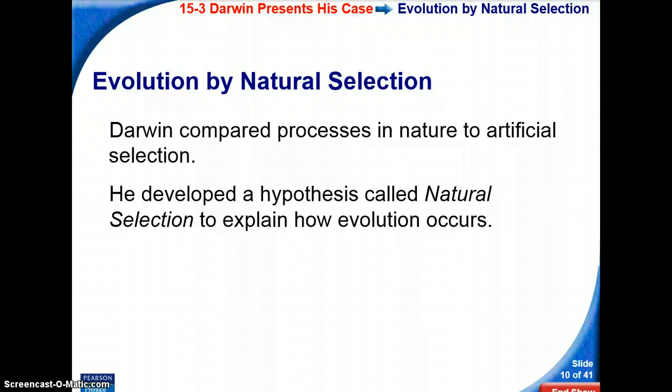And what he did is he compared processes in nature to artificial selection. With artificial selection, remember, humans are able to pick what characteristics they want and what makes the best plant or the best animal. Darwin, however, developed a hypothesis called natural selection to explain how evolution occurs in nature without that human interaction.